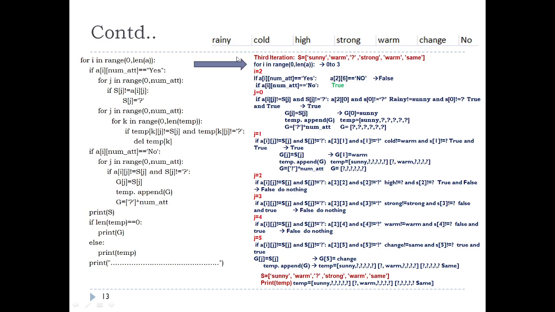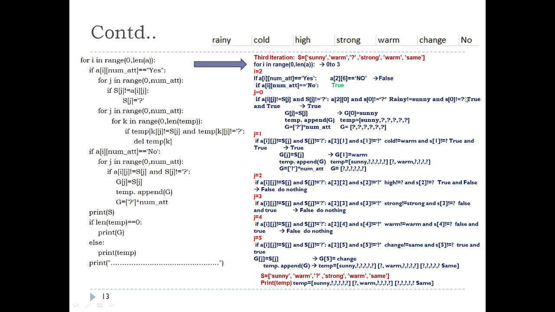So here a of 2 of 0, where 2 means this is the third training example. So 2 of 0 is rainy. Rainy is not equal to sunny, which is the specific hypothesis 0. And specific hypothesis 0 is not equal to question mark, so it is not a general form.